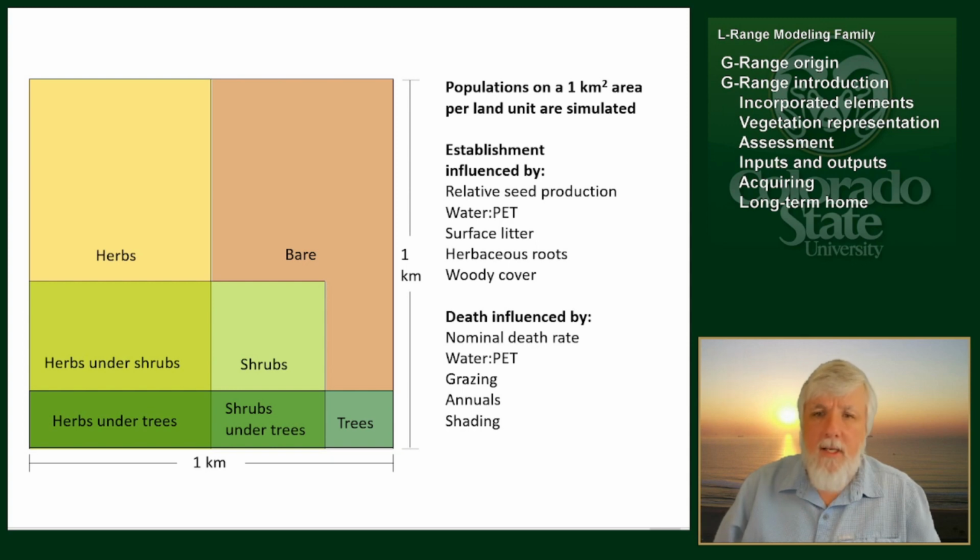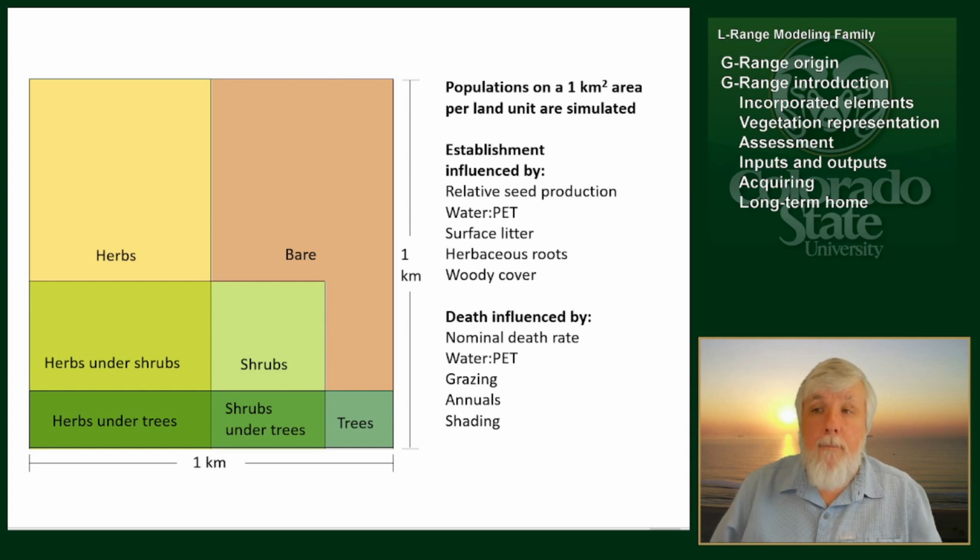No matter whether the cell is very, very small or very large, it's represented in this theoretical 1 square kilometer. The model knows the dimensions of plants, and so it can pack individuals in, figure out how many herbs, shrubs, and trees are in that 1 square kilometer, calculate a percentage of that, and then subtracting it from 1 yields bare ground.